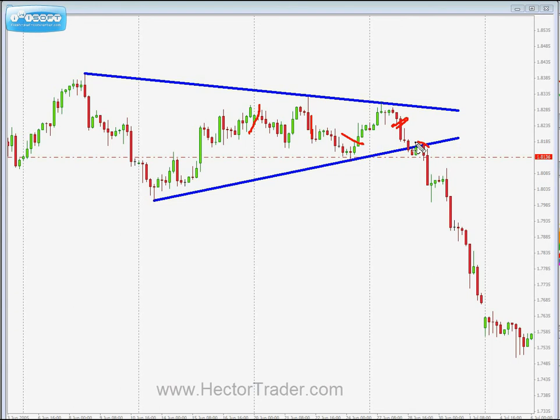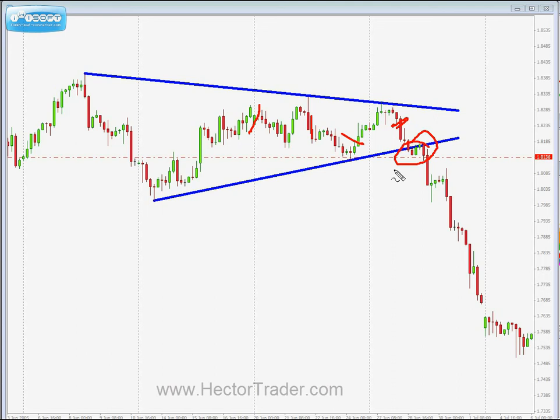No. You wait for the breakout. You only enter the trade once the triangle, the consolidation area, has given way. So it's not like you are taking an entry blindly. You are waiting for the right time to take your entry, and always in the direction of the main trend.